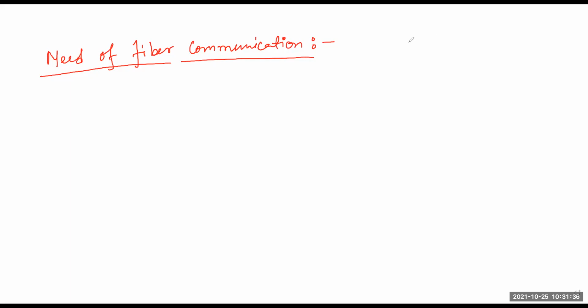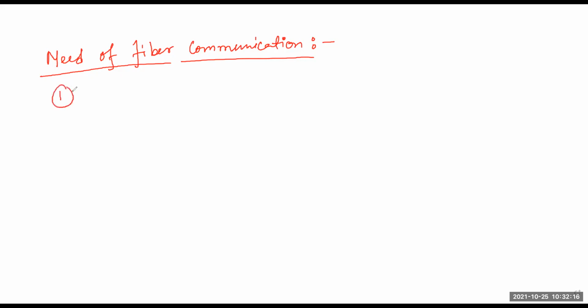Low loss transmission medium means when the signal is transferred from one end to another over a long distance, there may be a chance of losses. In optical fiber communication we are getting low loss. So at the destination end, we are getting a low loss signal.